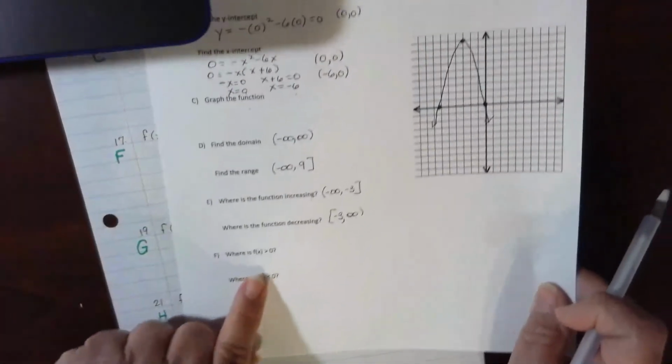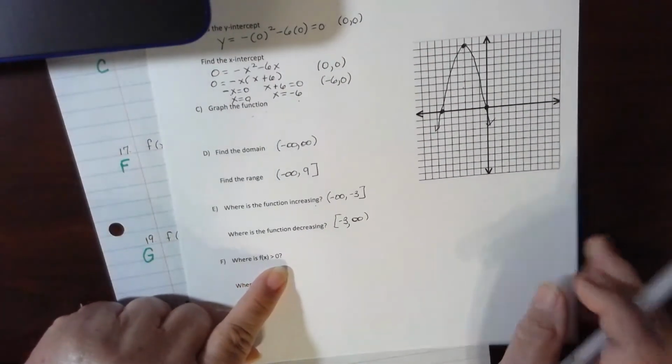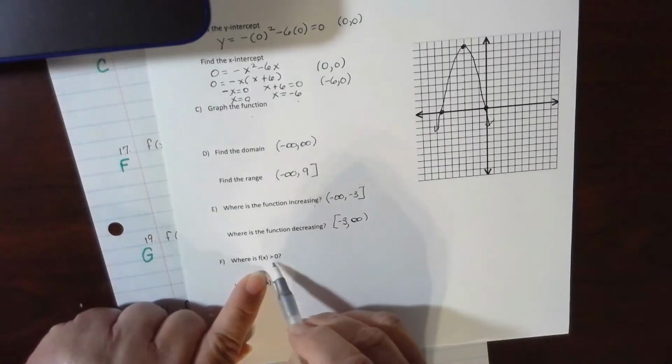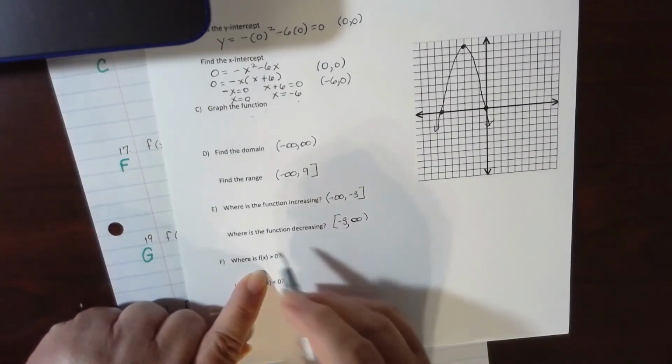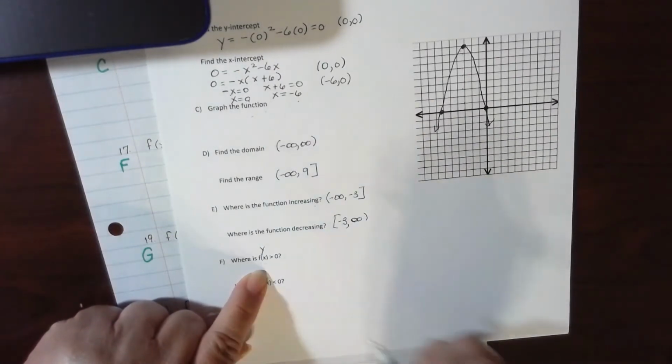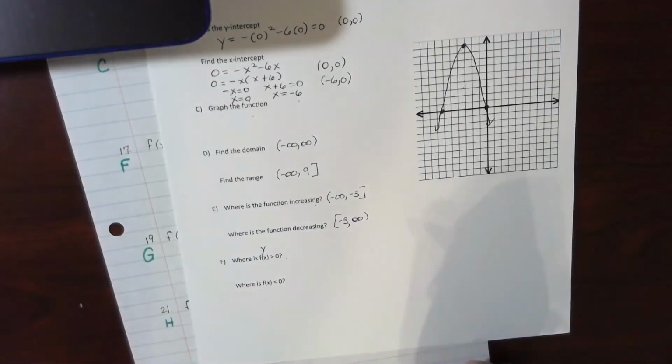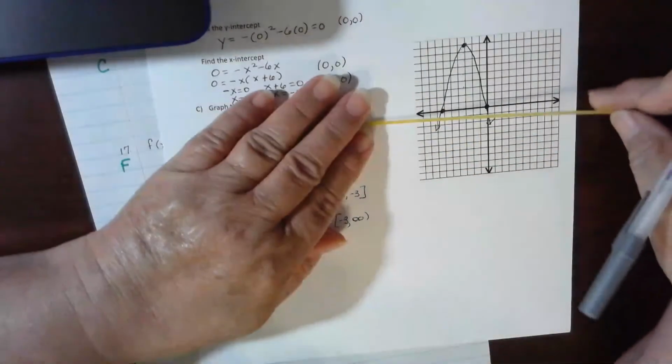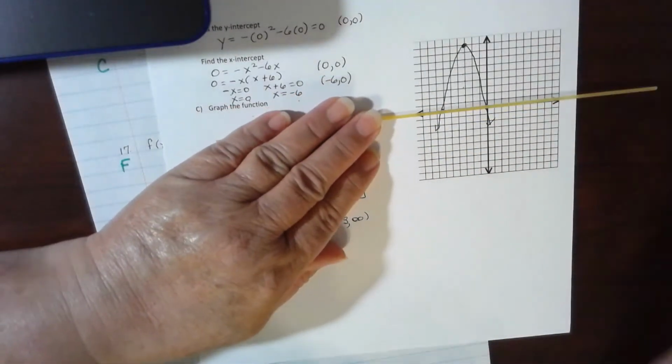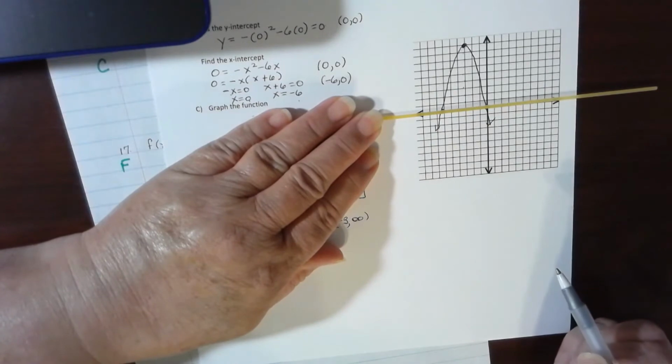All right, this last question is, where is f of x positive? That means, where are the y values positive? f of x, you remember, is just another name for y. So it's asking me where on the x-axis, or let me rephrase that, where are the x values that make y positive? Well, y is positive anything above this line.